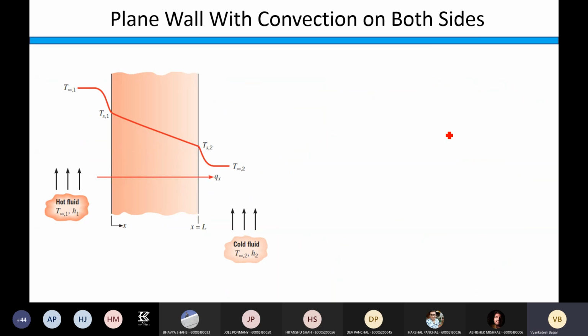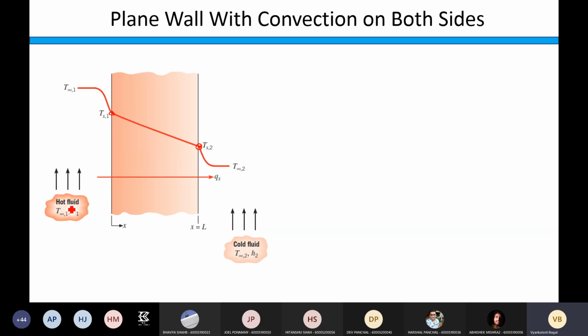Now take down one more case. Now we are going to add some sort of complications here. The plane wall with convection on both sides. Now this is your plane wall. So previously we had only these temperatures, right? And nothing we were talking about this side or this side. Now consider there is convection taking place on both sides of this slab.